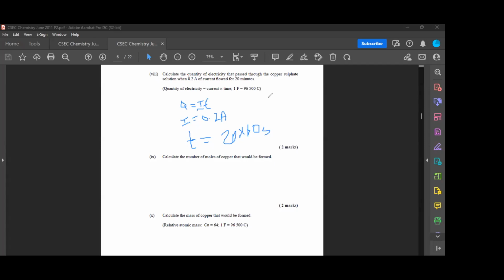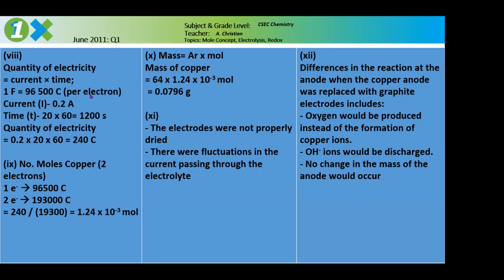Sure, so would it be 2 times the 96,500? Yes. So you are now comparing your reaction to 193,000 coulombs instead of the 96,500. Let me go back to the copper. So this is what it works out to. Quantity of electricity is equal to 0.2 times 20 times 60, which gives us 240 coulombs.